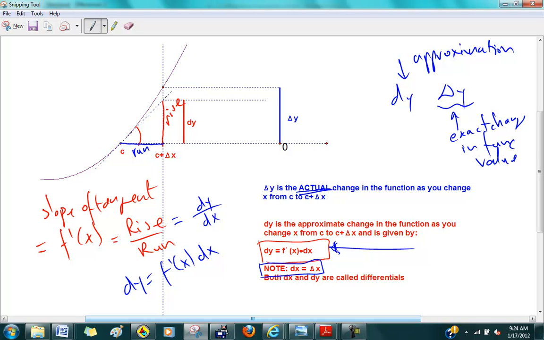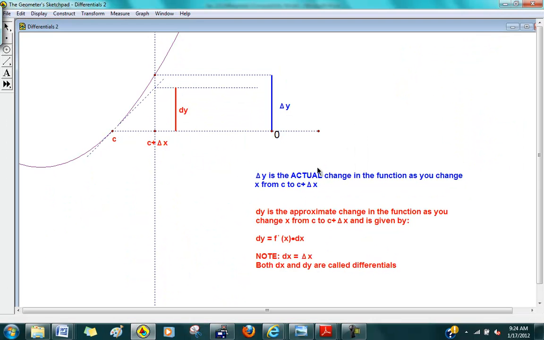Okay. All right. One example, and then I'm done.